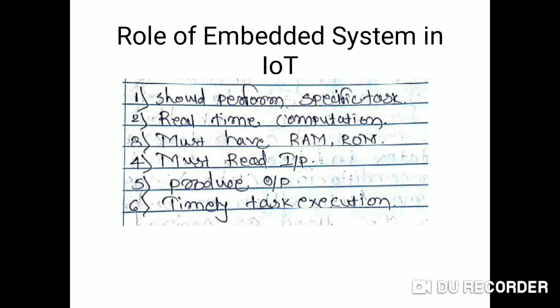Embedded systems will also be at the core of the deployment of many Internet of Things solutions, especially within certain industries, vehicle and industrial Internet of Things, that is IIoT applications.